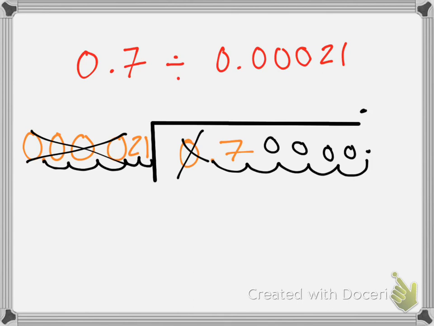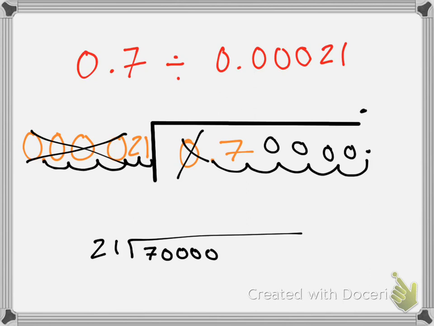Looks a lot more manageable, doesn't it? That looks a lot more realistic to do 70,000 divided by 21 than trying to divide this weird number by tons of tiny decimals. So if I want to rewrite this to make it look better, 21, there we go.